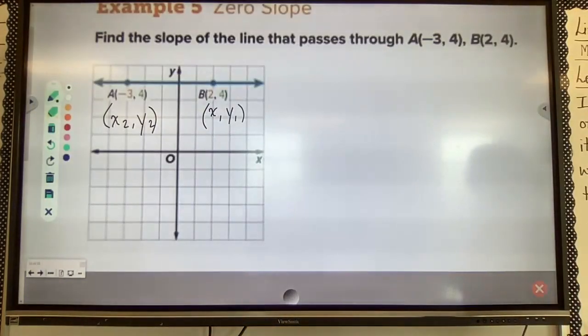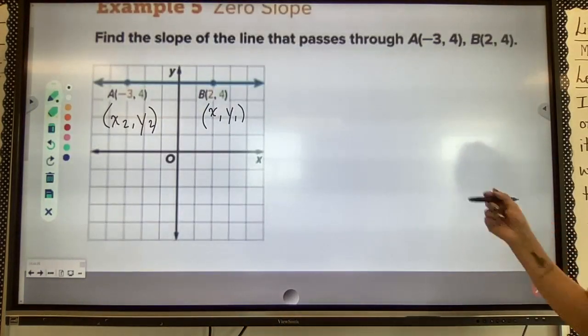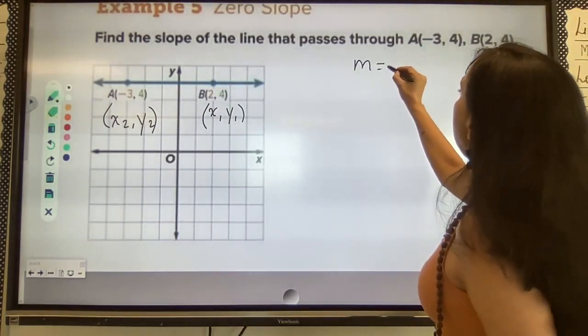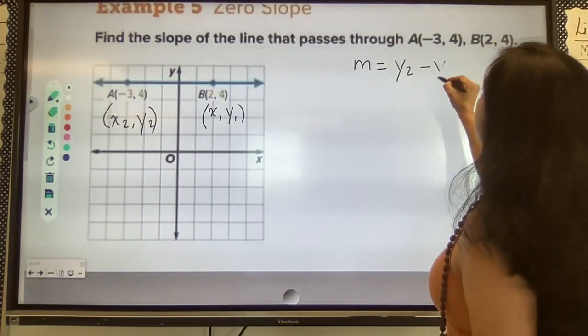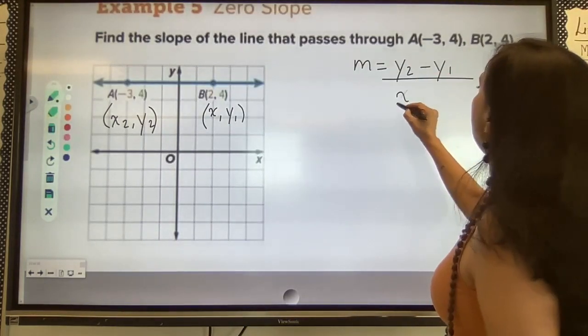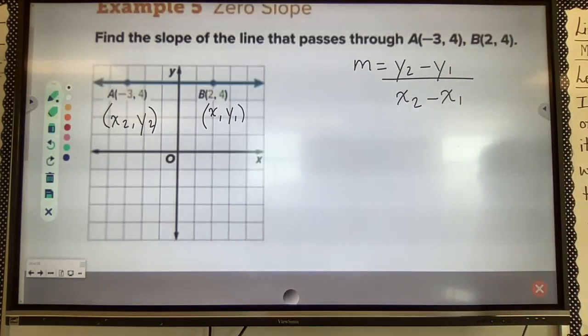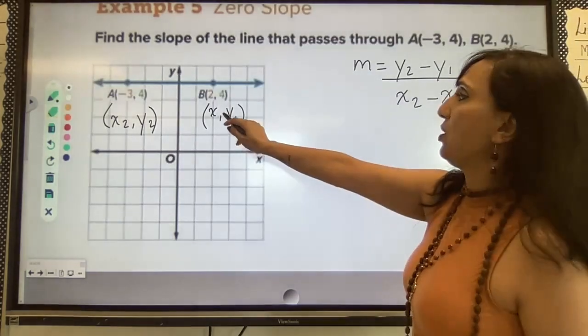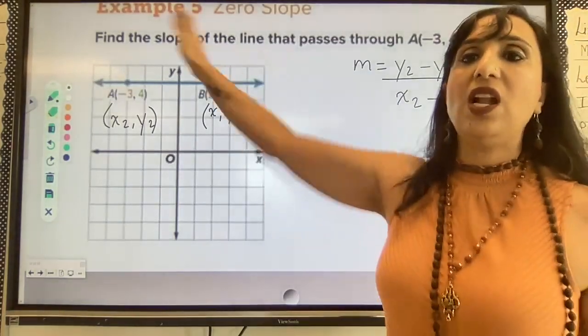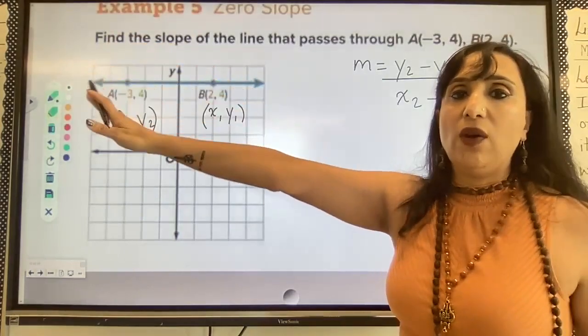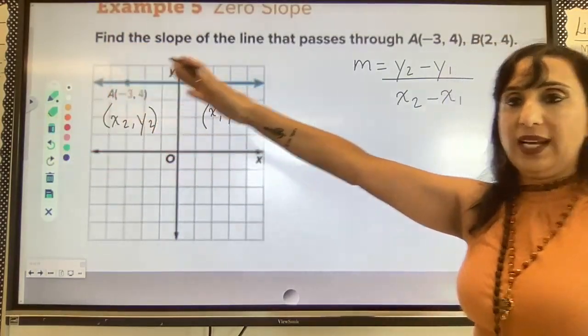And now I'm going to find the slope formula. M is equal to y2 minus y1, change in y over change in x, which is x2 minus x1.